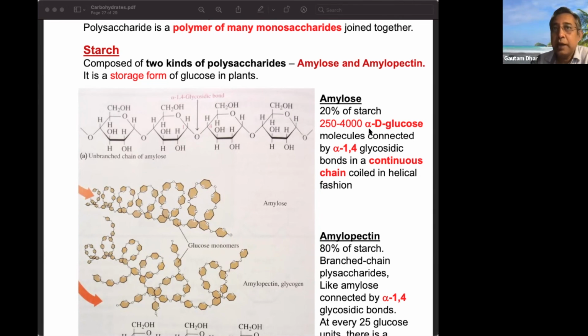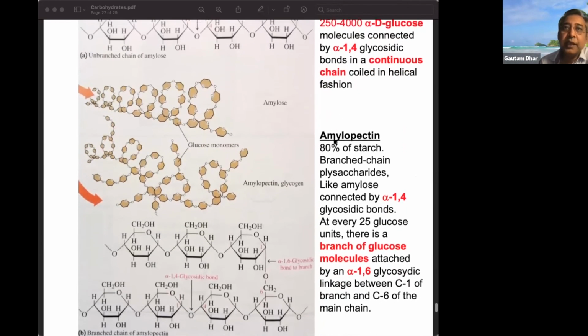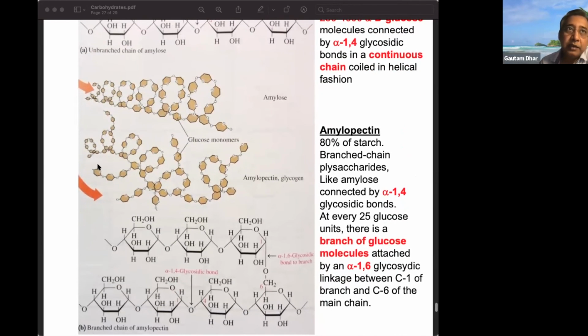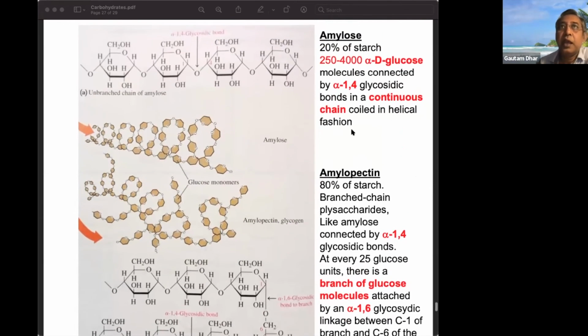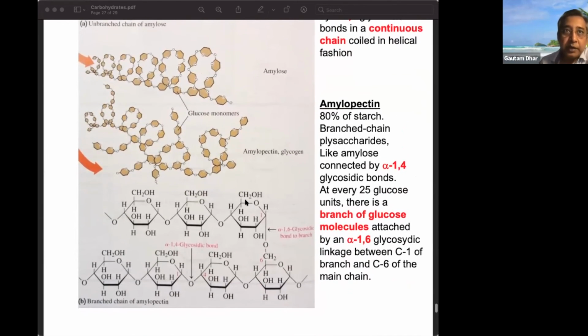Amylopectin, on the other hand, is 80% of starch and is branched. And this is the interesting part. The main chain that you see is 1,4, just like amylose, but the branching is 1,6. So if a food is rich in amylopectin, the starch doesn't get digested, so it stays a longer time.